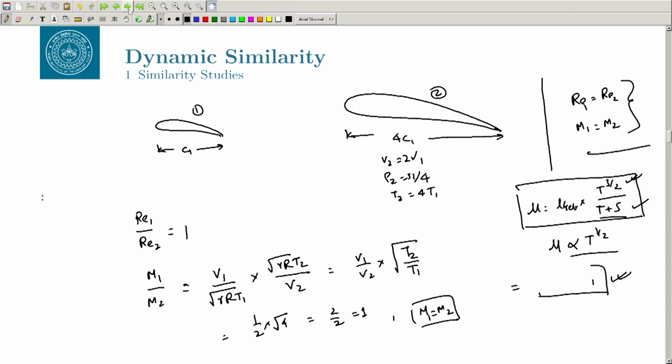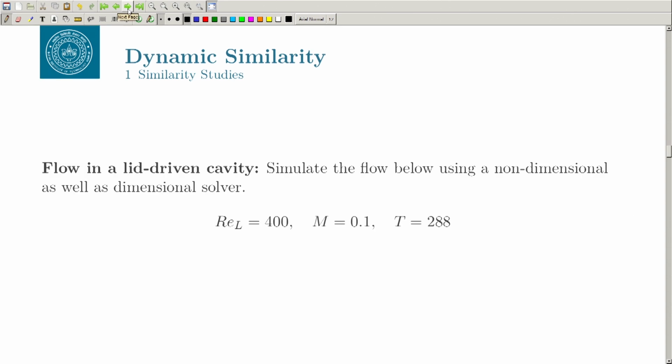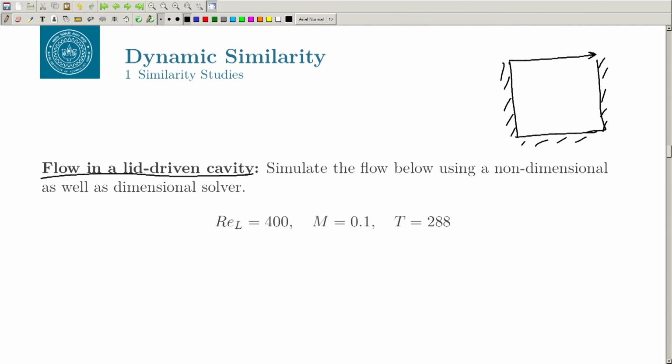I will just give you one last example and then we close the discussion today. The example is flow in a lid driven cavity. We have been discussing this case of lid driven cavity. So, this is a domain, and there is a lid which is moving at a certain velocity, let us say u, and then you will have flow which gets developed here.